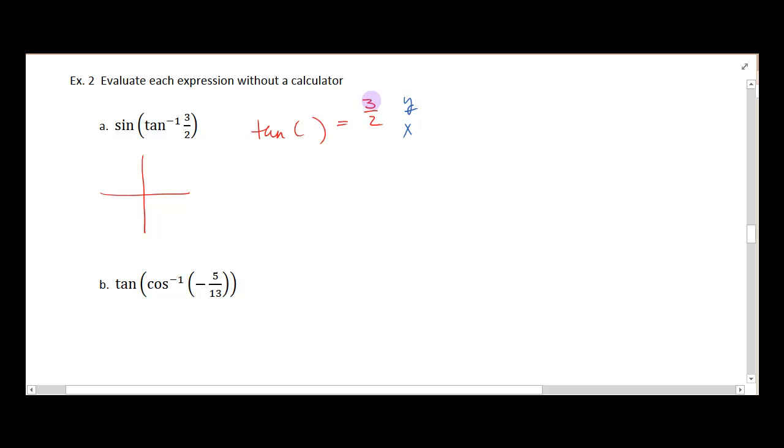And we're going to represent the y value here on our graph and our x value. In other words, I'm going to draw a picture. So if I have this point out here, which we're going to say is 3 and 2, then I have the angle, right? The angle theta.